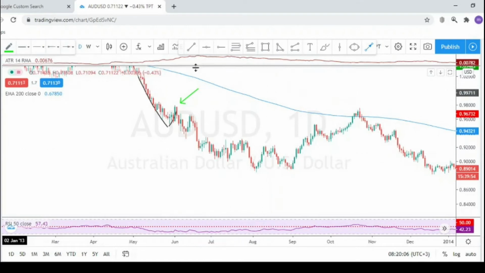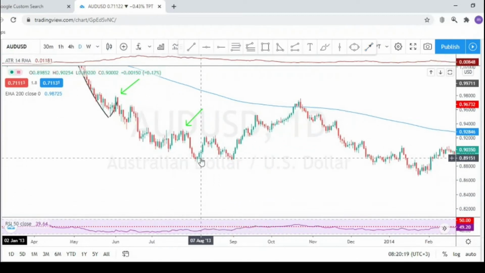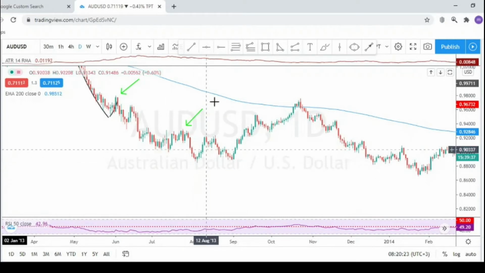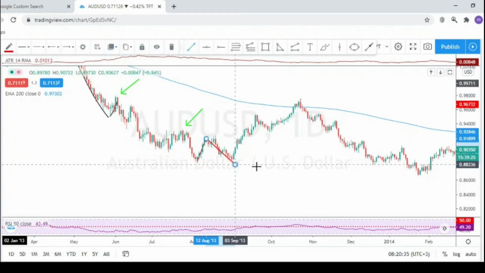You have a market trending below the moving average, then makes a pullback and continues to the downside. We have this also as a win. Market is trending below this moving average, makes a pullback and continues to the downside.